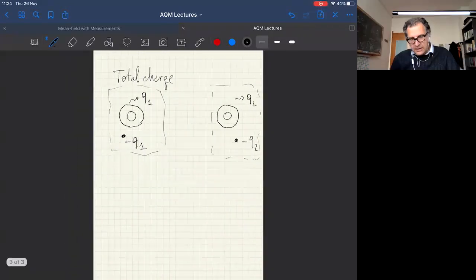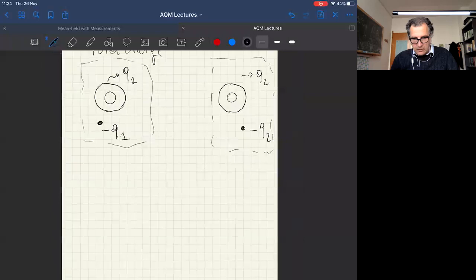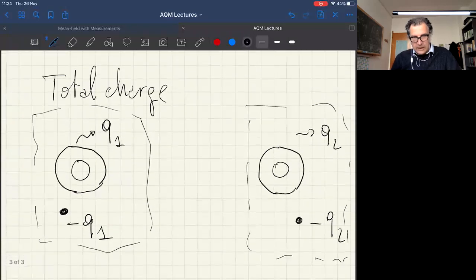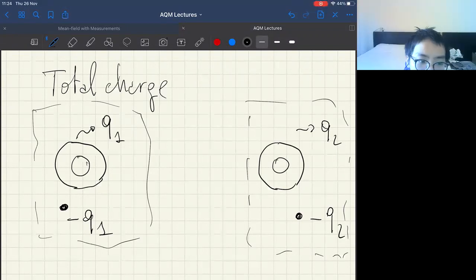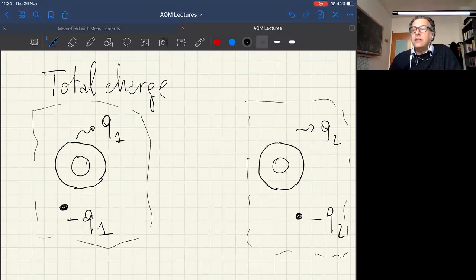Now, is there any interaction between this object and this object, or no? Yes, there is. Very good. What is the reason why there is an interaction?